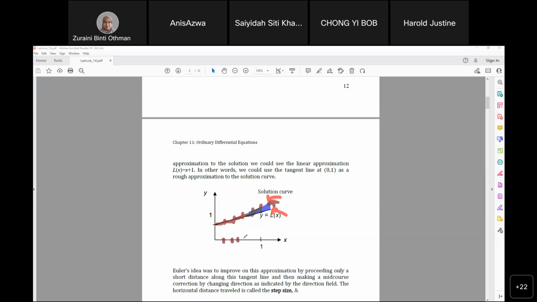The concept is we find the next value by using the smaller H, compared to using the larger H ni kita akan dapat area yang besar.